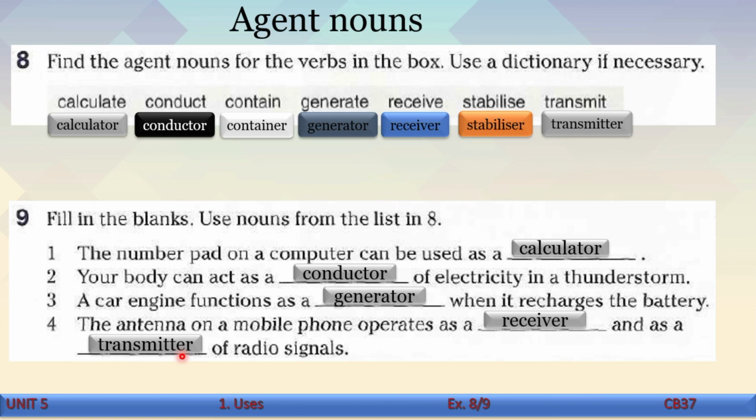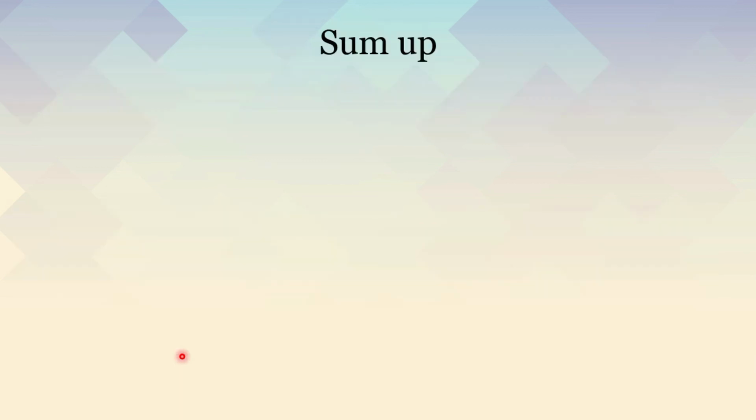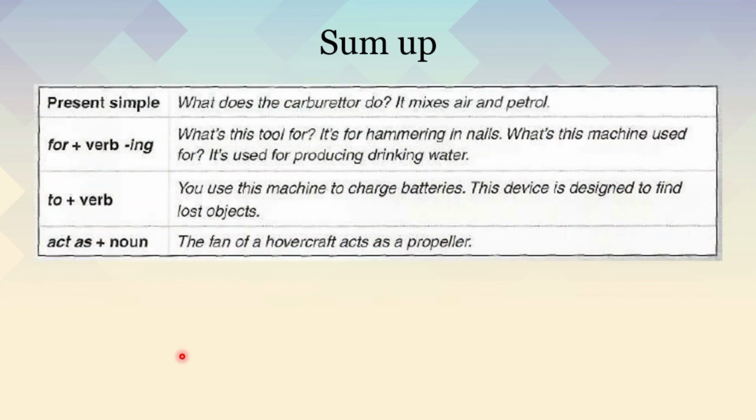But before we go, let's quickly summarize our first objective. We have identified 4 ways of talking about the use or function of a device. You can use the present simple when you think of a machine or device itself carrying out the action.